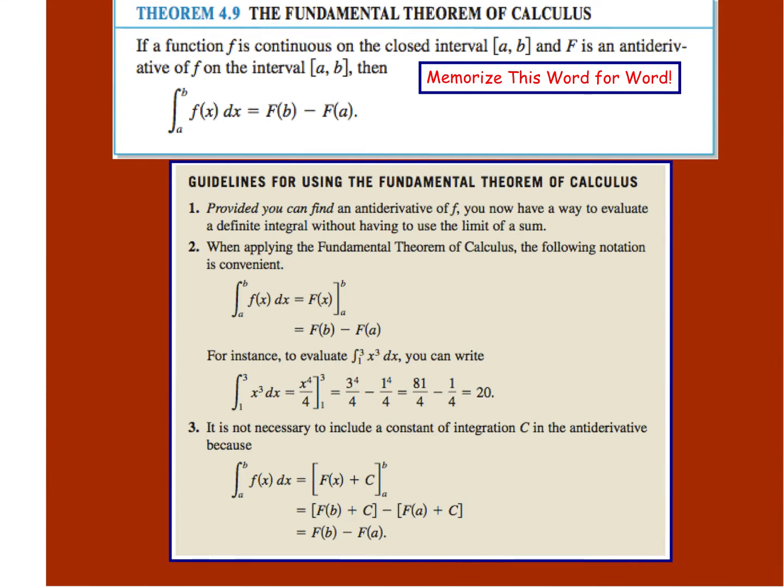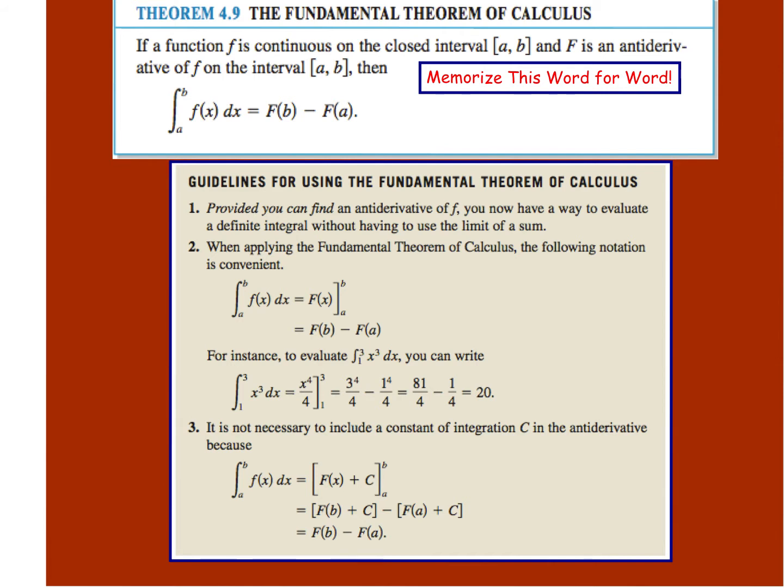So if the function is continuous on the closed interval, and we can find an antiderivative, then the integral from a to b of f of x is equal to big F of b minus big F of a.